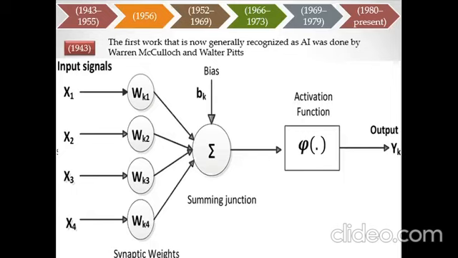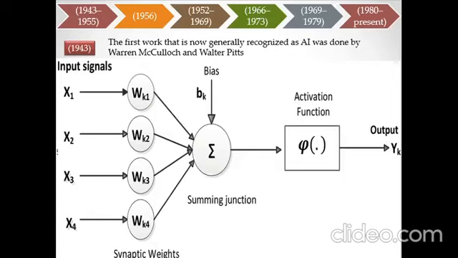These inputs are given to the information processing. W_k1, W_k2, W_k3 and W_k4 represent the weights. The weight is nothing but the acquired knowledge. In the human brain, the acquired knowledge is stored in the synapse. In the artificial neural network, the acquired knowledge is stored as a weight value.